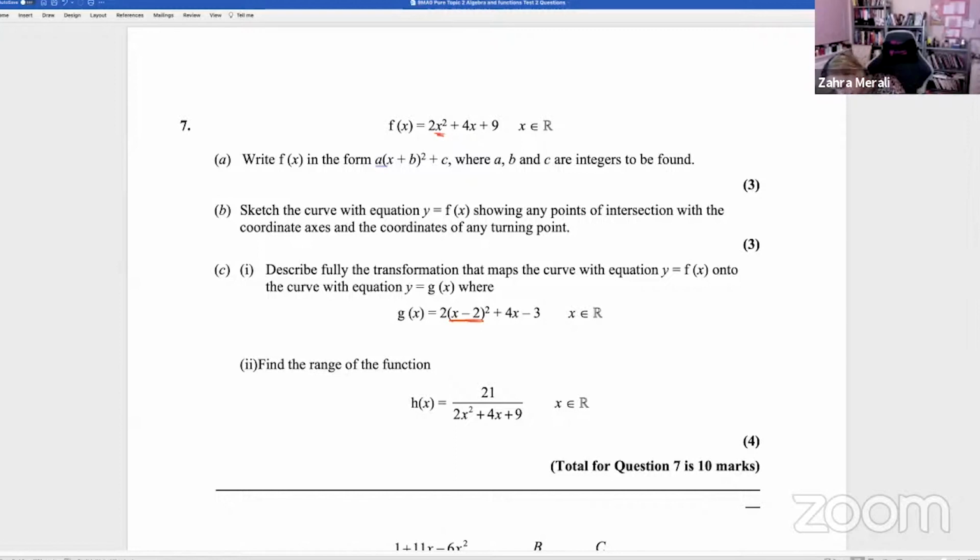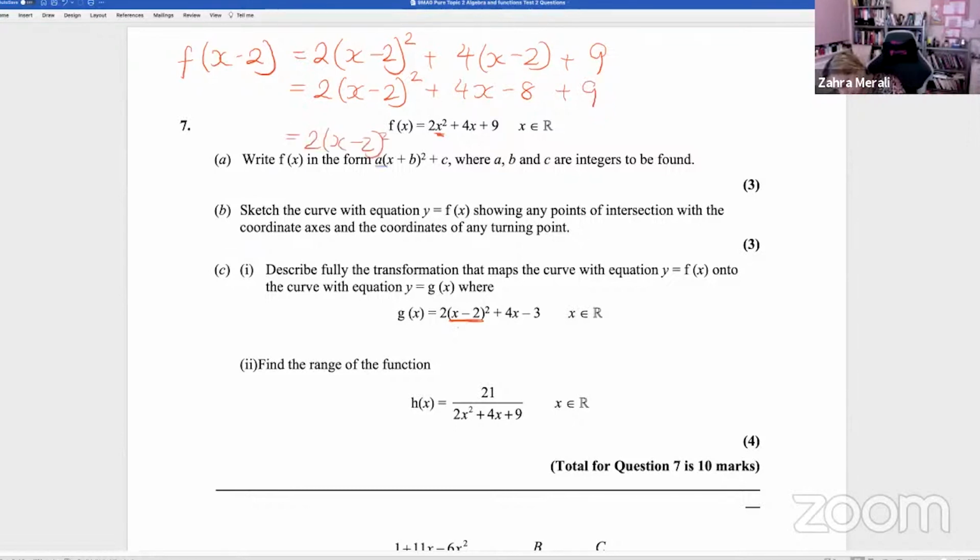So let's find out what f(x minus 2) would be. 2(x minus 2) squared, plus 4(x minus 2), plus 9. So we'll get 2(x minus 2) squared plus 4x minus 8 plus 9. And so that's going to give us 2(x minus 2) squared plus 8, and then minus 9, minus 8 plus 9 is going to give us -1, plus 1 even.